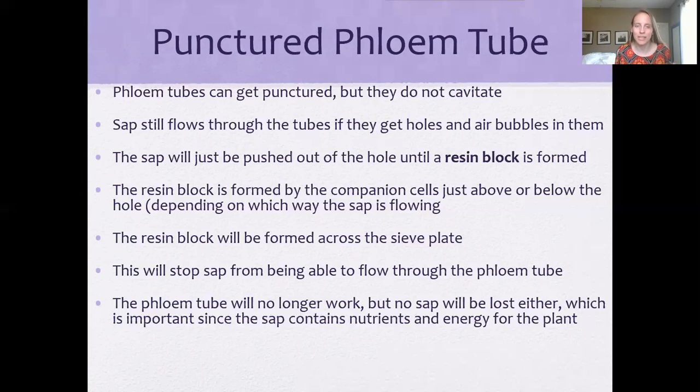So usually the sap keeps flowing, but instead of flowing down the rest of the phloem tube, it flows down the outside of the tree, which is just wasting nutrients and sugar and energy and all that stuff.